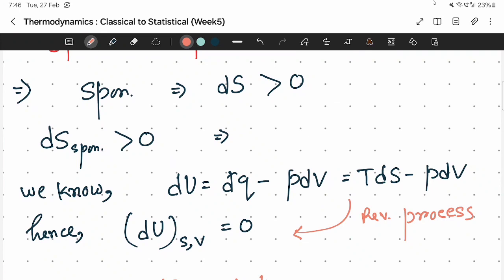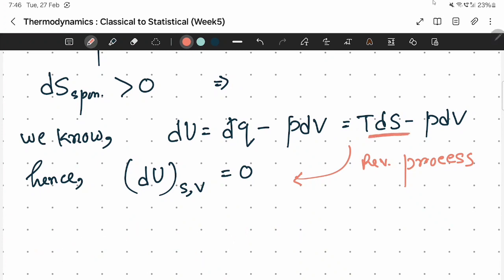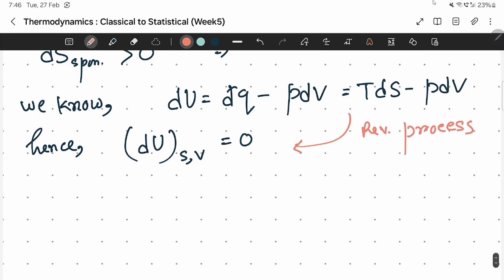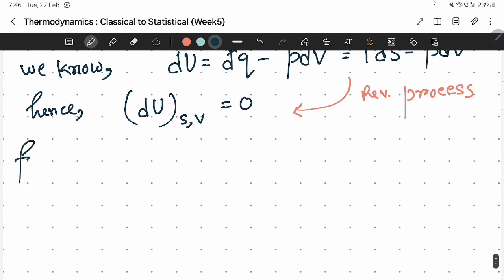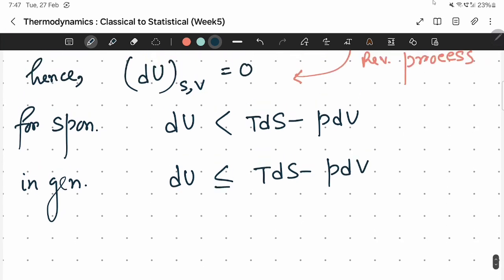Then only it will occur, because for a reversible process it is 0. To make dS positive, dU should be less than 0. So for a spontaneous process, yes, it's correct. We can write dU is less than or equal to TdS minus PdV, where equality means the reversible process and the less than sign refers to the spontaneous process.